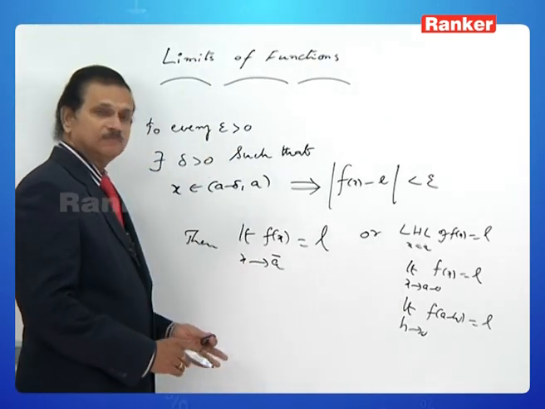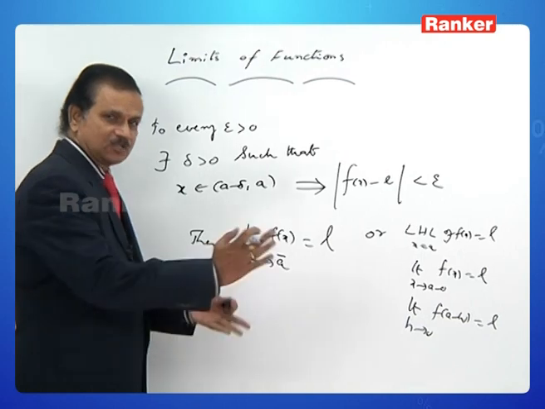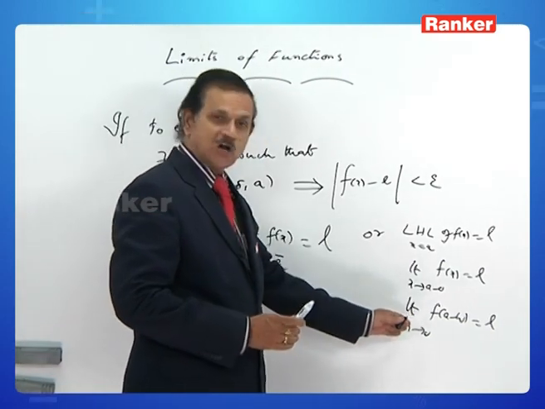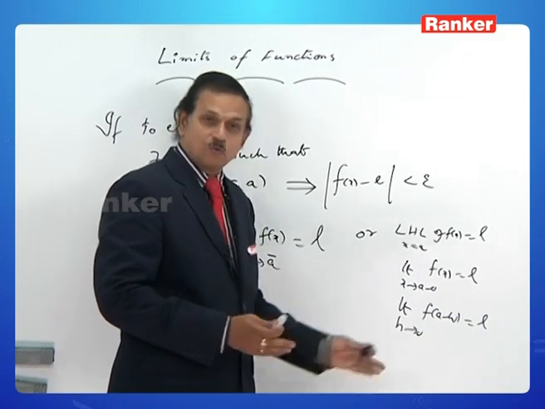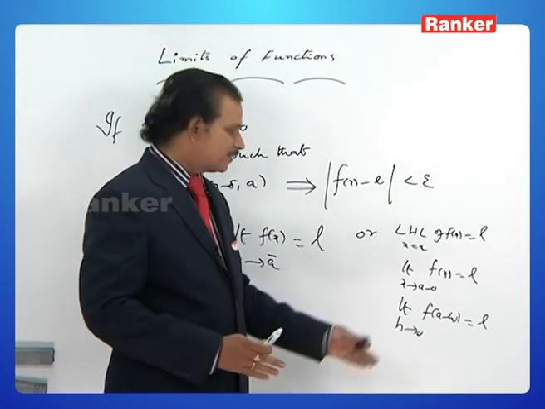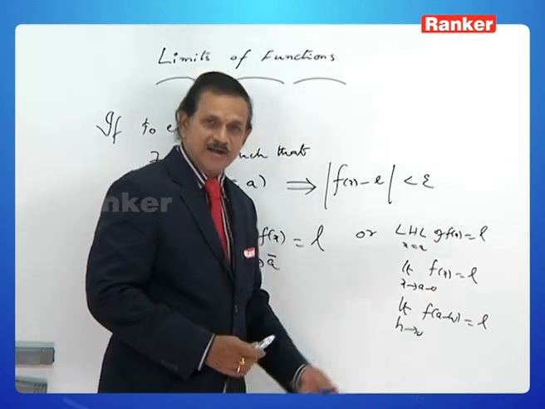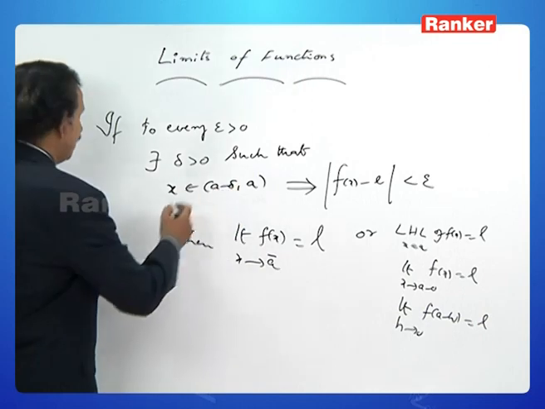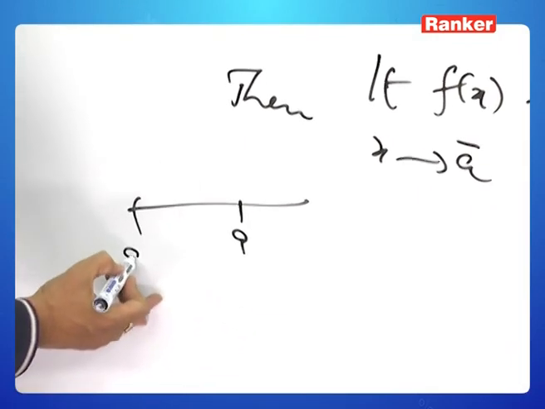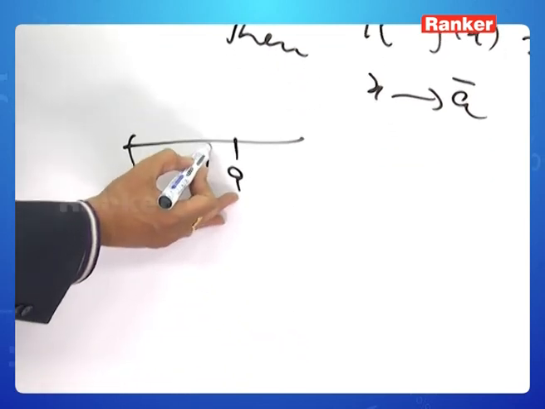We want to represent that x lies to the left of a. How can we justify or describe this pattern? Why is it necessary to write like this? Let us think, where does this x lie? A minus delta, x lies here.